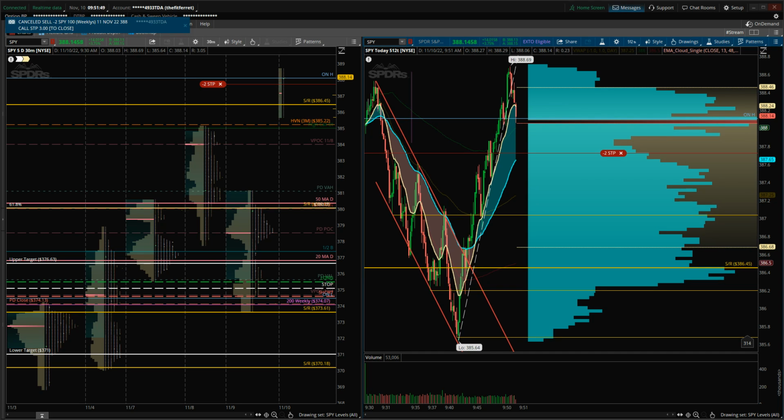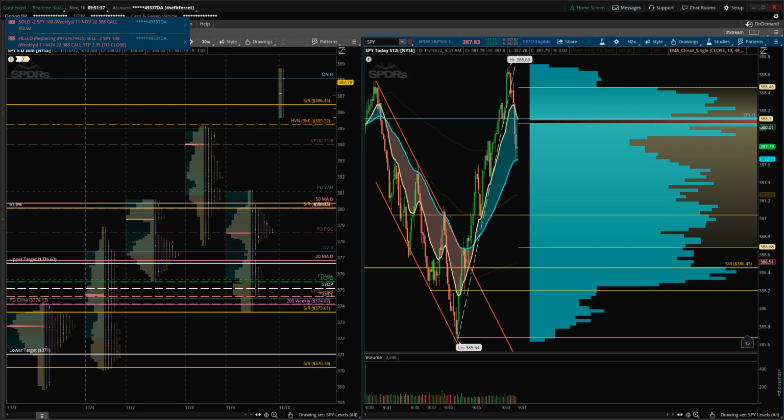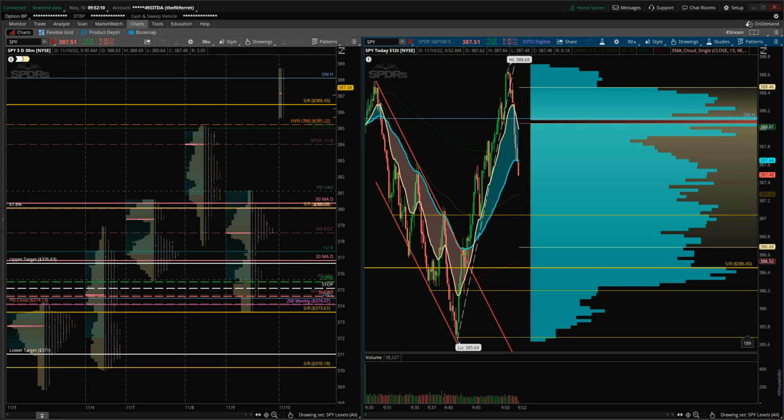Ideally, I want to get my stop below that thin spot. Oh, geez, I didn't even have time to move that again. Okay. Well, we're out of our position. It moved pretty rapidly through that thin spot. So glad we adjusted our stop.